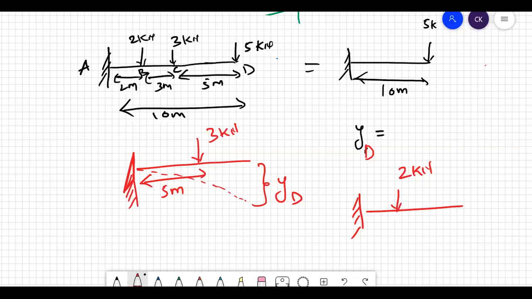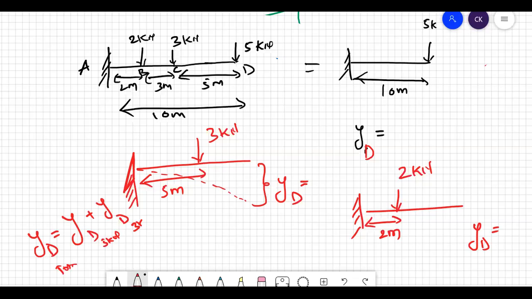The distance here is 2 meters only. So here also we need to find out the YD only. Adding all the YDs for the set, that is, only 5 kilonewtons is considered, plus adding for the 3 kilonewtons and adding for the 2 kilonewtons.